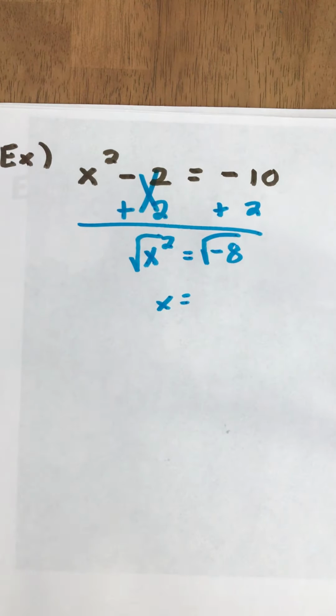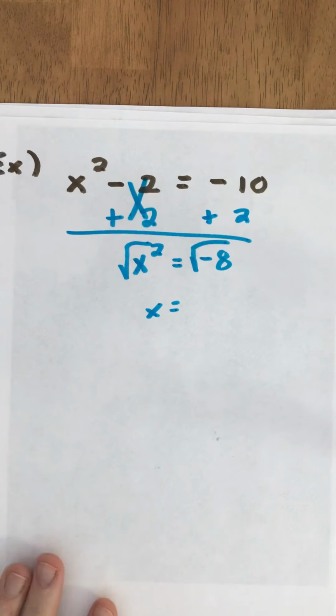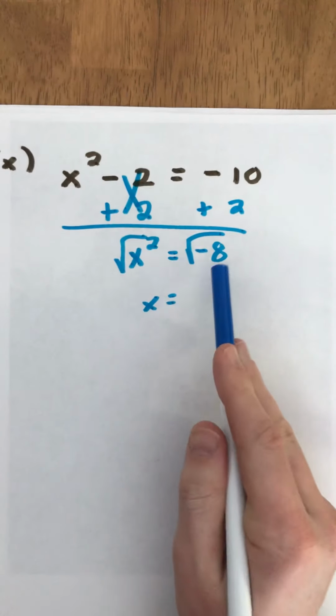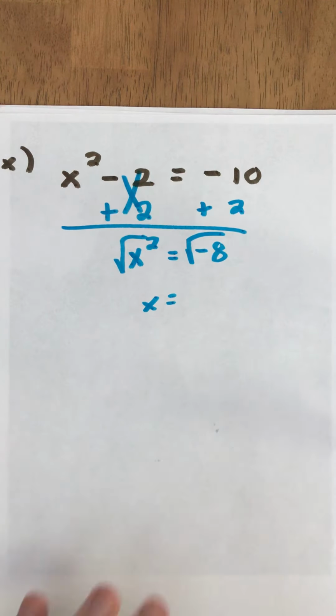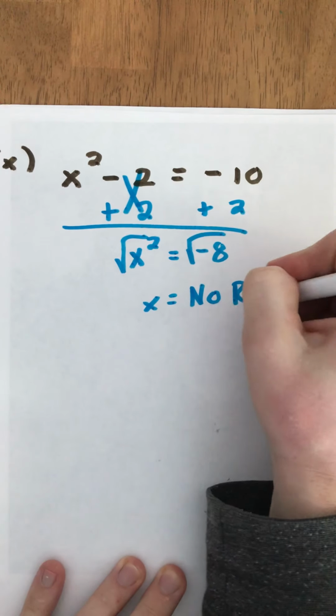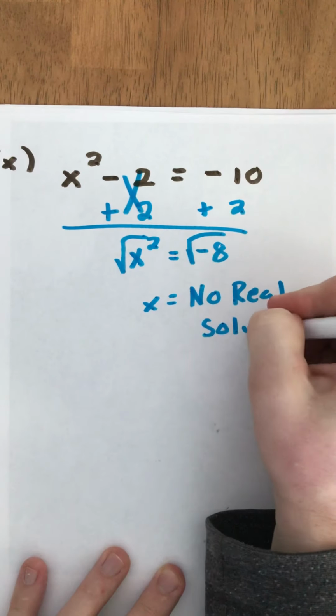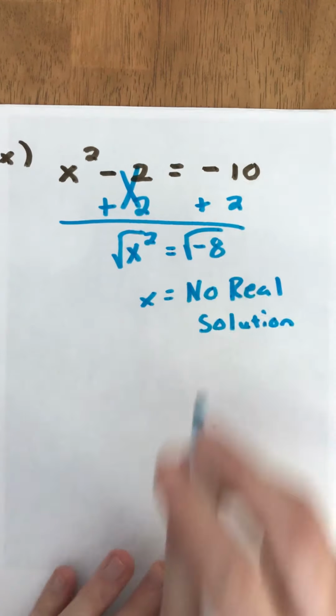If you do that, your calculator is going to pop up with a message that says error, non-real answers. That's because we can't take the square root of a negative number. It's not possible for us to come up with two numbers that multiply together to give me negative 8. So there is no real solution here, or no real answer.